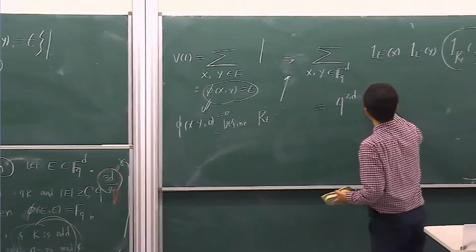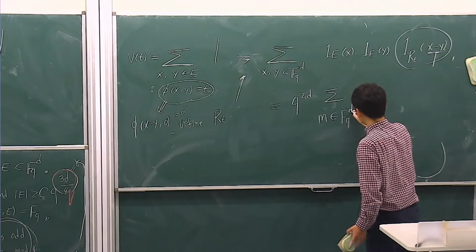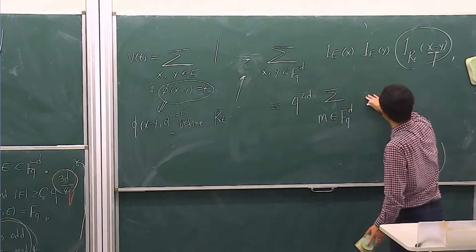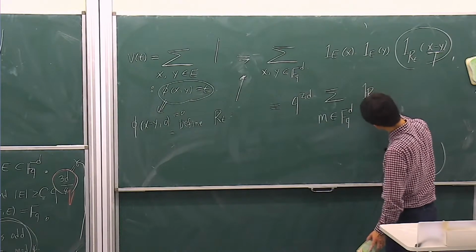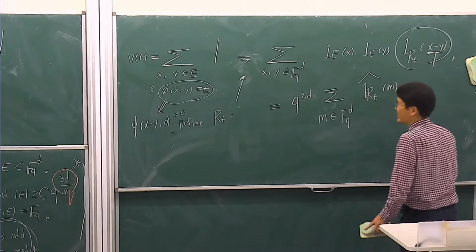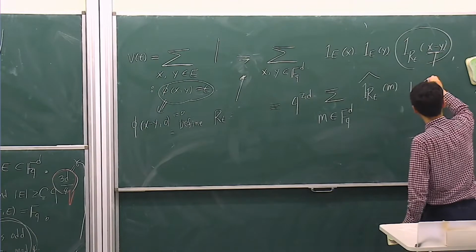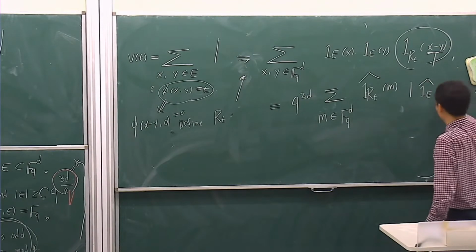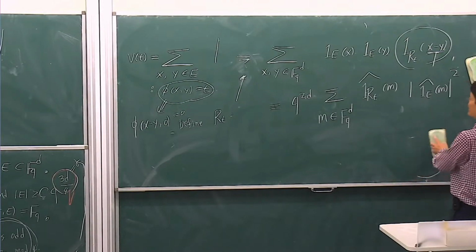Essentially, this space is actually the dual space. The characteristic functions and their Fourier transform. The last time I introduced the Fourier transform, I got this one.